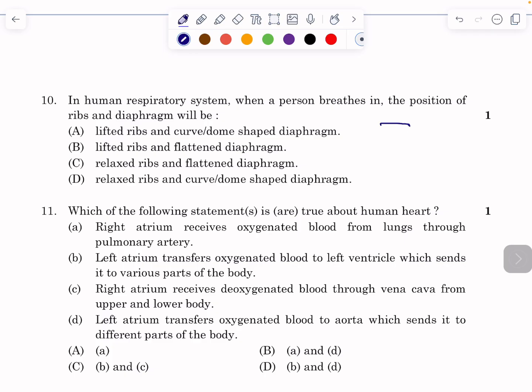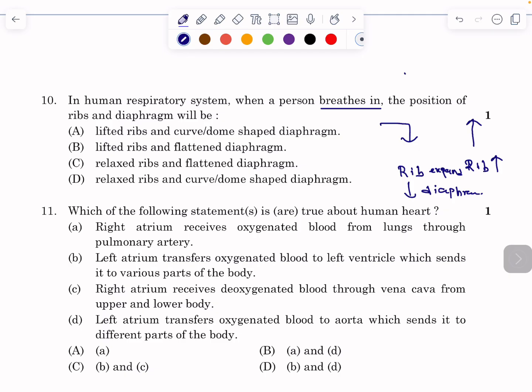When you take the breath inside, the rib cage moves upward, and when you exhale, the rib cage moves downward. In inhalation, when you breathe in, the ribs expand and the diaphragm moves downwards. When you exhale, the diaphragm moves upward and the rib cage contracts.